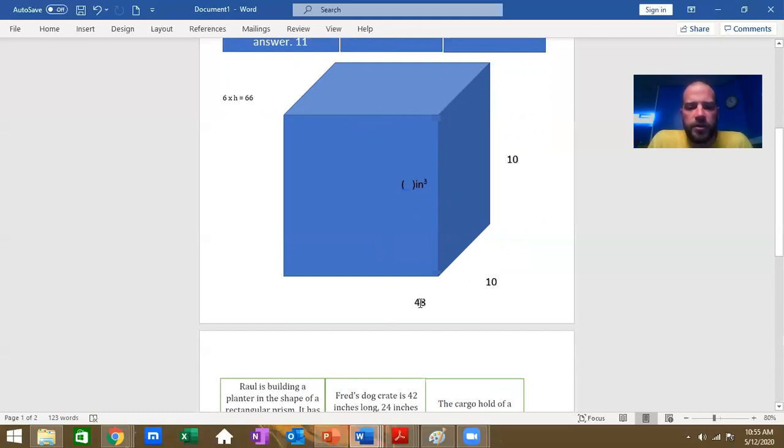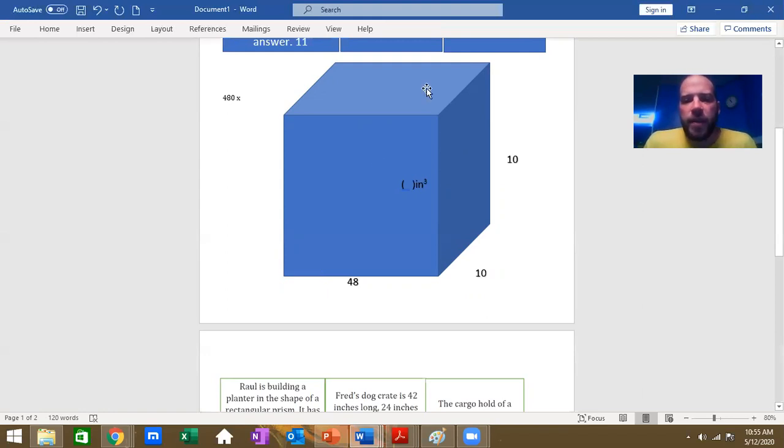We know that this measurement is the same as the partner on the bottom, right? So 48, and then this measurement up here is 10. 48 times 10 is 480. So if the base is 480, and it'd be squared inches, right? Because it's the base, so it's area, it's little squares.